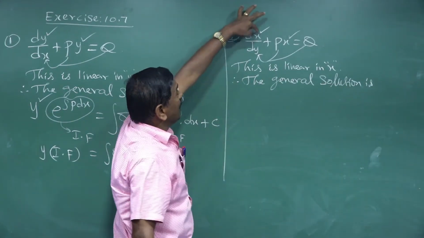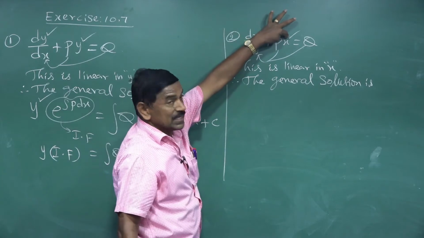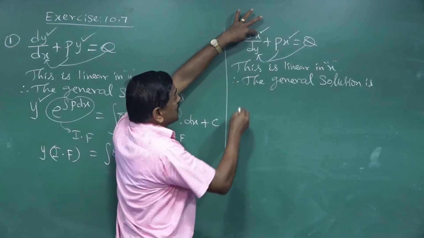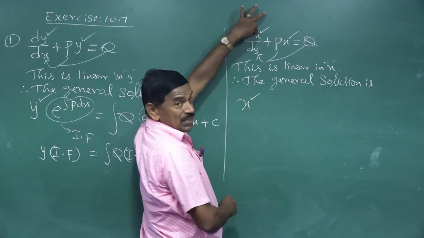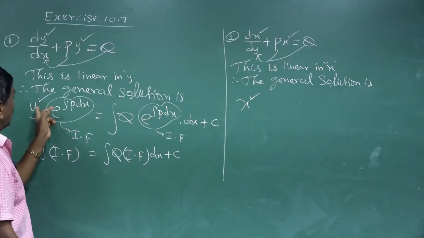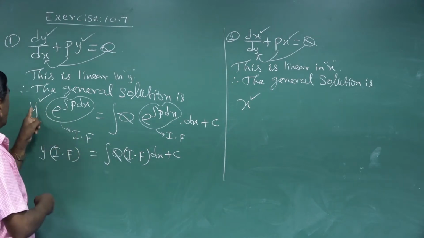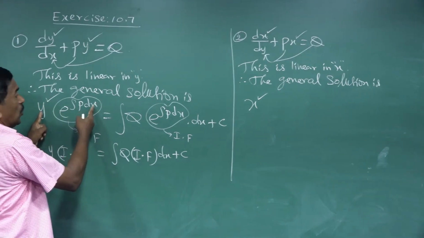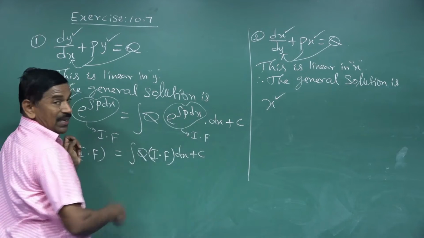Therefore, the general solution is given by, listen carefully, differential of x, so the general solution starts with x. Similar idea here, y, likewise. And also starting with y opposite into dx. That is important.